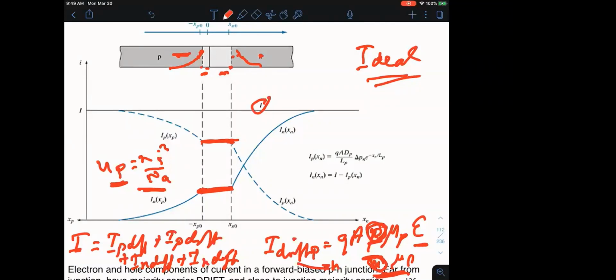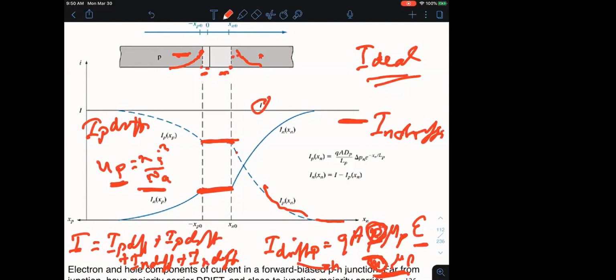Very, very far away from the junction, where the minority carrier concentration dies down exponentially and becomes a constant value, clearly there cannot be any diffusion currents anymore, right? So under those conditions, it will only have to be a drift current. What sort of drift current? It will be the majority carrier drift current. So on the N side, here, it'll be electron drift current. On the P side, it'll be hole drift current. While in the vicinity of the junction, it'll be a mostly diffusion current.